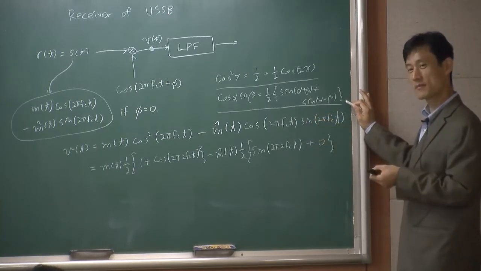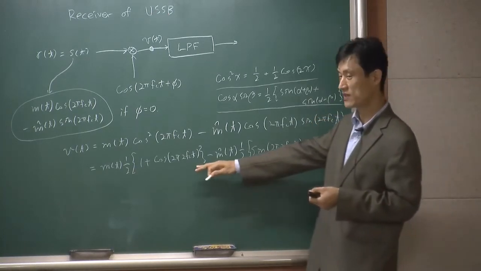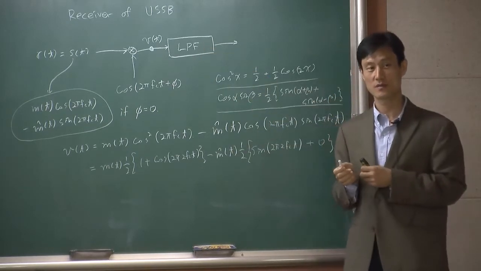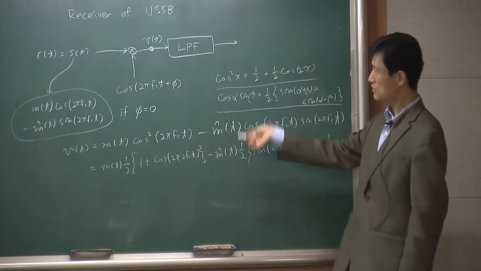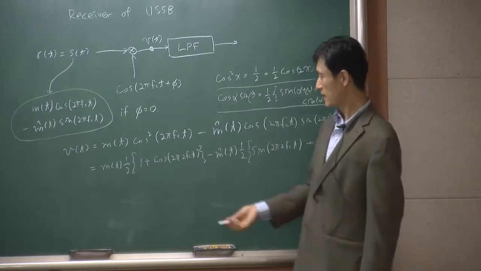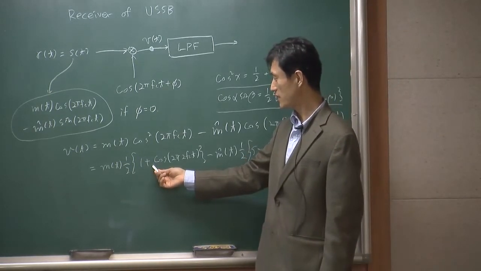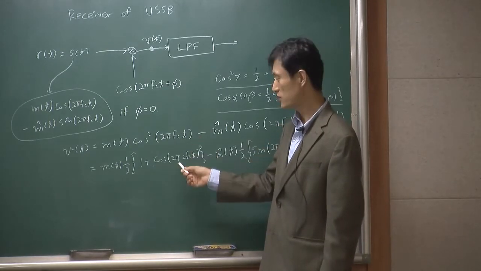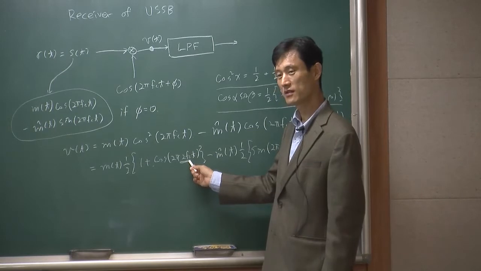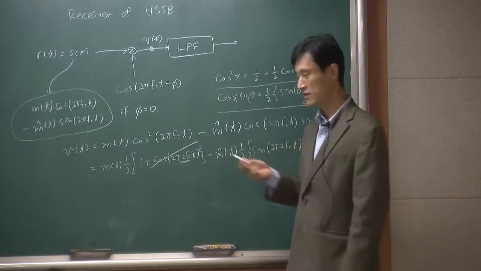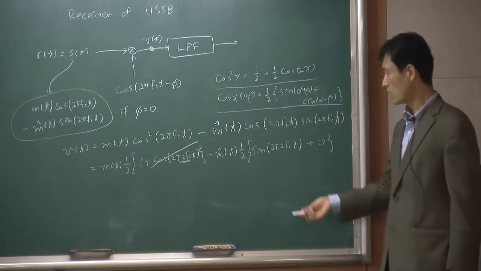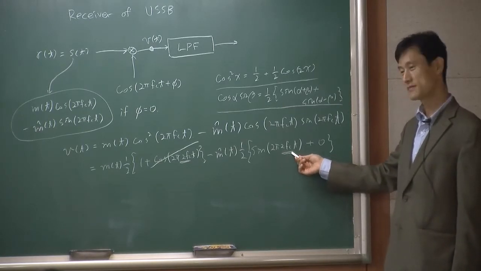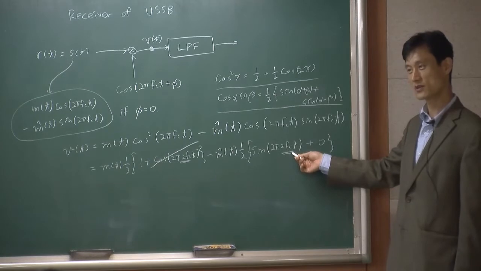Now what's the next step to do? Put this VT into the low pass filter. Now then, this cosine term is going to go away, because this one is a high frequency component. So let's kill this guy. What about this one? This one is also 2fct, also a 2fc high frequency component.